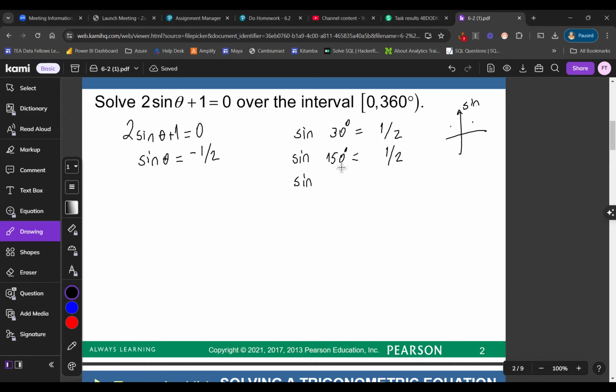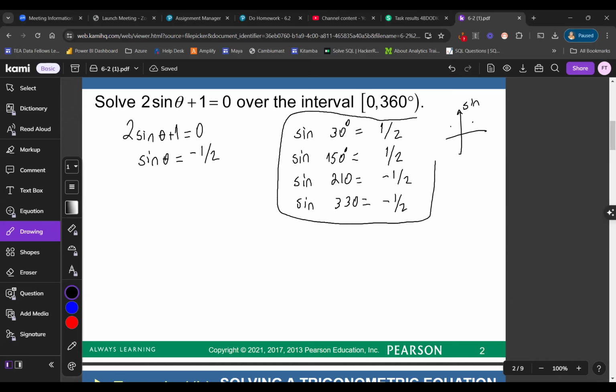When we move on to the third quadrant, 210 still uses the 30 degree reference angle, but in quadrant 3, the sine value becomes negative. Again, the last angle in quadrant 4 is 330 degrees, which still uses the 30 degree reference angle, and the sine value is negative 1/2. This is what I know from the unit circle.